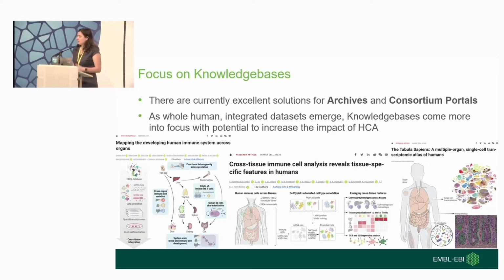So as I said, there are currently excellent solutions for archives and also for consortium portals. We heard quite a few here, including HubMap, Cell by Gene, and so on.